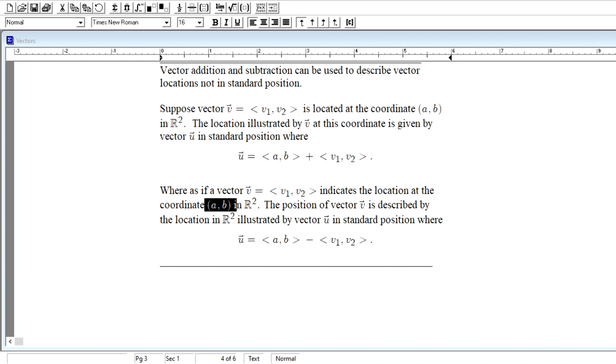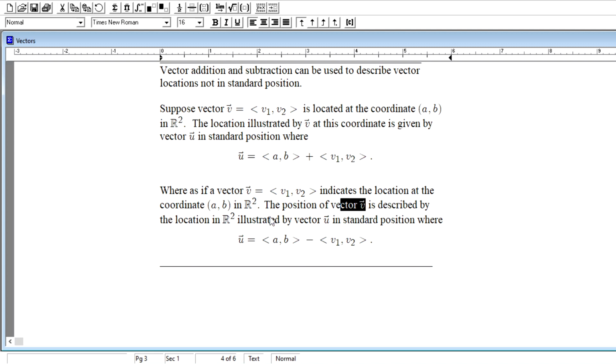Here we note if vector v indicates this location in space, meaning its head points at the location a comma b, the position of vector v in that space is described by the location in R2, illustrated by vector u, which is in standard position. By position of vector v, we mean the tail's location, where the vector happens to be emanating from.